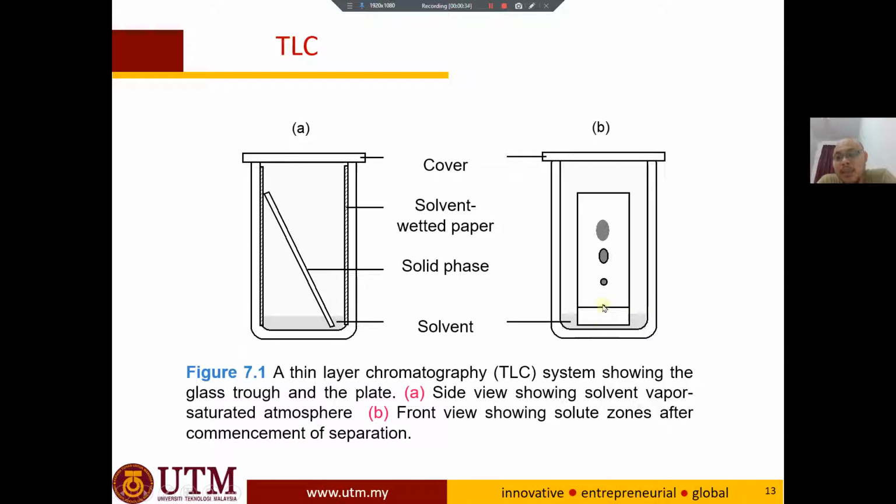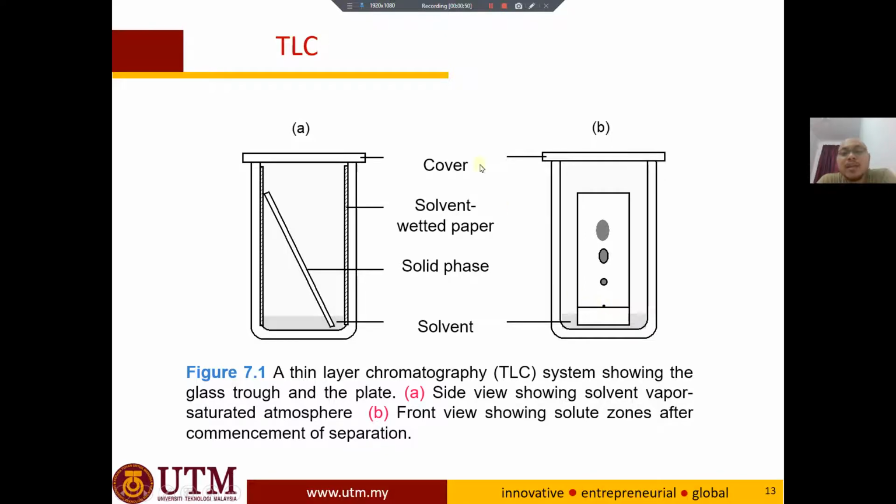It must be lower than the spot where you spot your sample. Again, the solvent you use as the mobile phase, the volume must be lower than the height where you spot your sample.